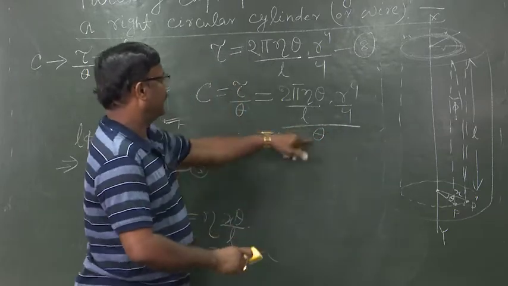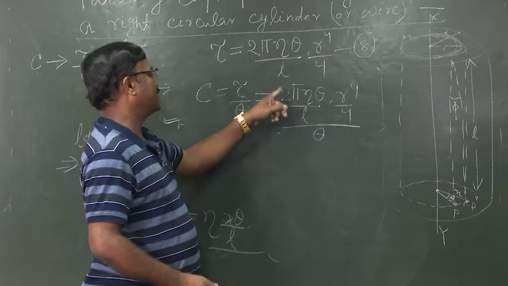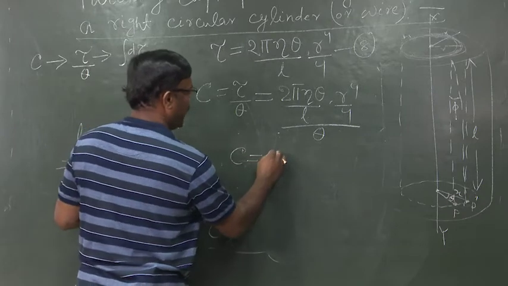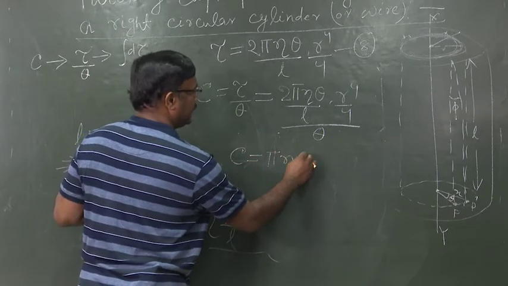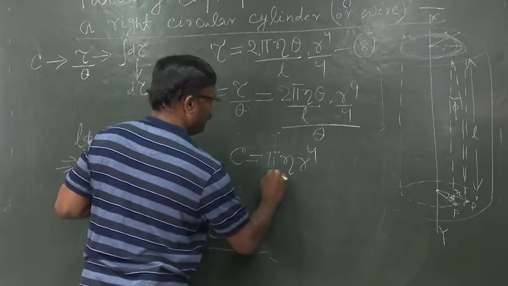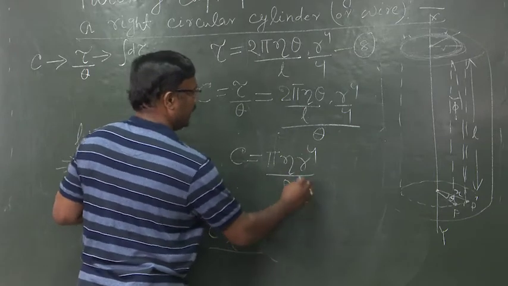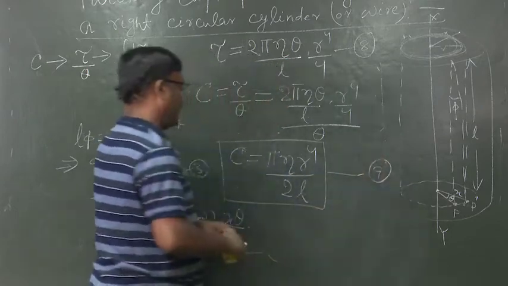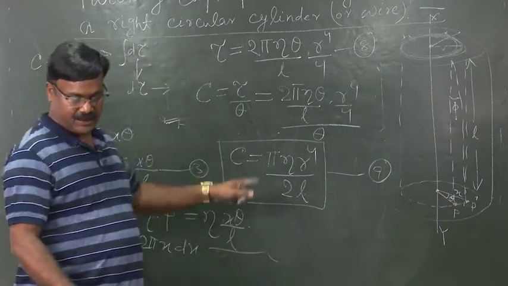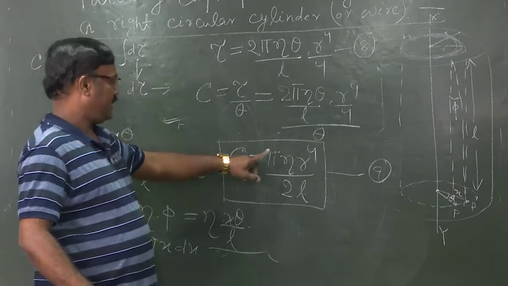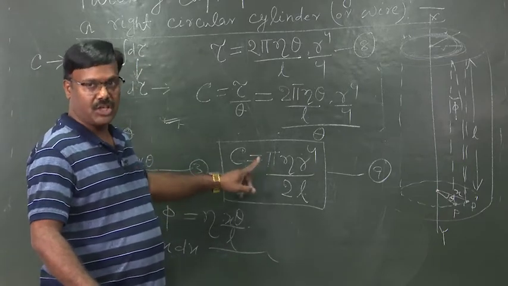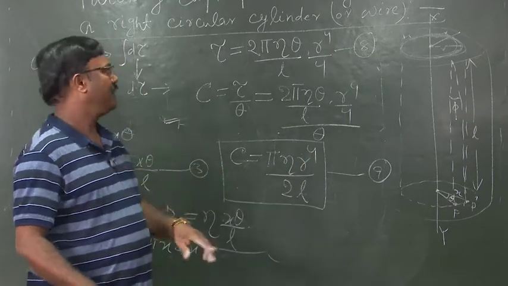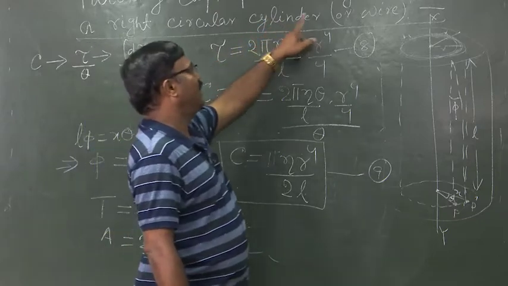Theta and theta get cancelled, and 4 cancelled by 2 becomes 2. So C will be equal to pi eta r to the power 4 by 2L. This is the expression for the torsional couple per unit angular twist of a right circular cylinder or wire.